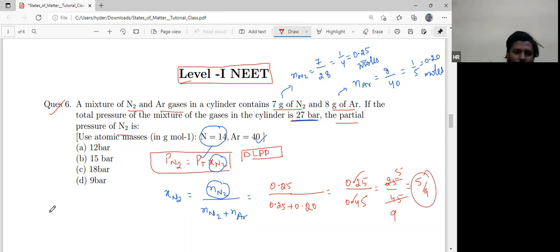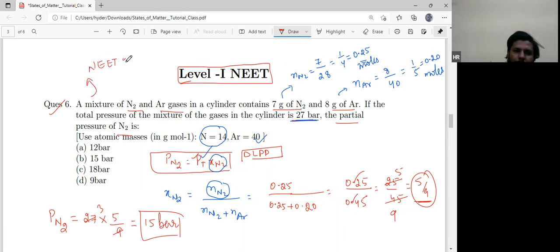Again, putting the value in this formula, partial pressure of N2 will be equal to the total pressure that is given in the question, 27, and the mole fraction we already calculated here, 5 by 9. 9 threes are 27, and it will be 15 bar is the answer. This is a question of NEET 2020. Okay, Salman.